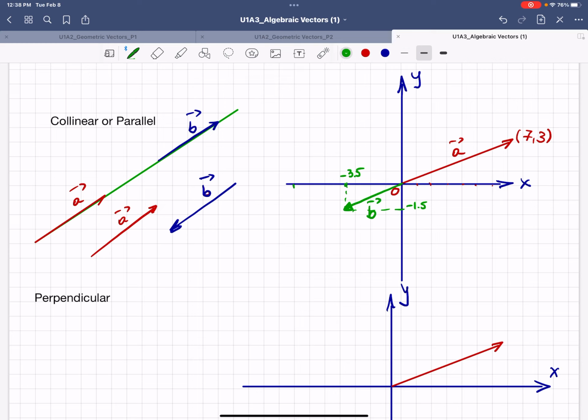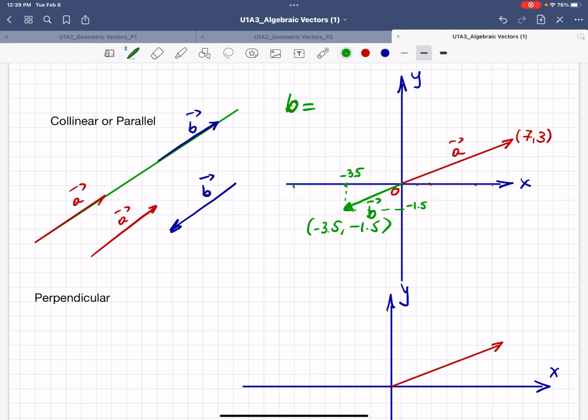Now, if you look at the coordinates of vector B, negative 3.5 and negative 1.5, and try to relate them to the coordinates of vector A, we'll say that vector B would be equal to, notice how negative 3.5 is 7 divided by negative 2, and negative 1.5 is 3 divided by negative 2.